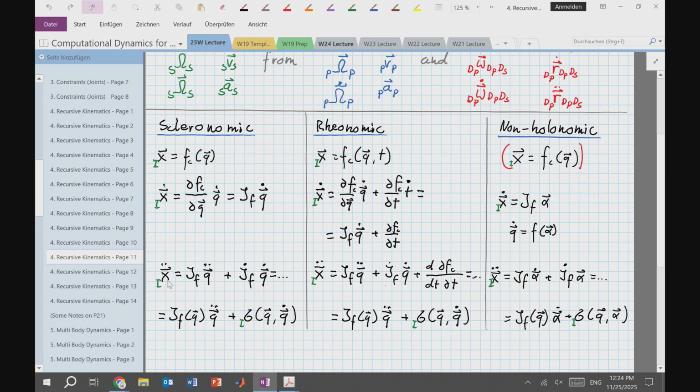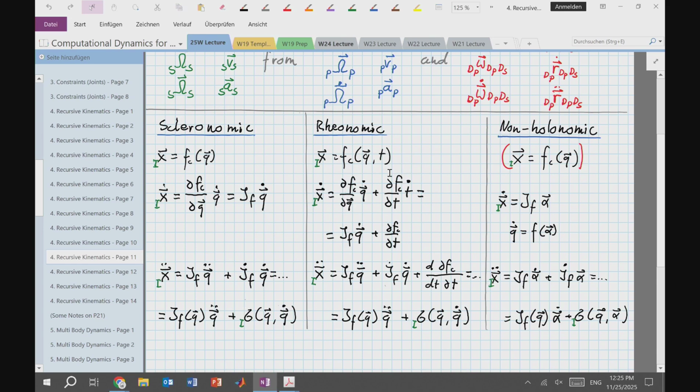And I'm going back to our x notation, where we wrote all of this a little bit more generally, where we said if we have scleronomic constraints, we have a constraint function, and then I can compute velocities through my Jacobian, and I can compute accelerations through this equation. And we saw this for scleronomic joints.